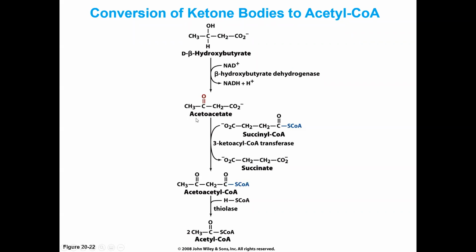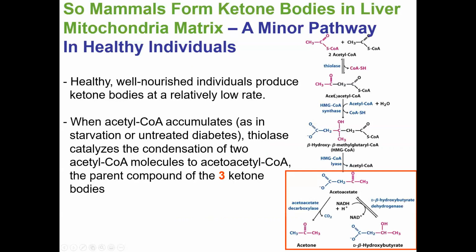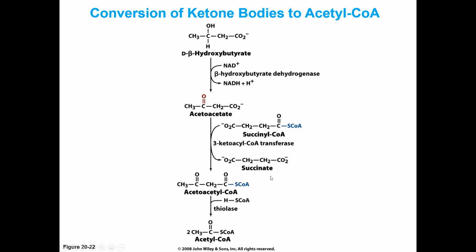You take acetoacetate and succinyl coenzyme A, you make succinate, and you make activated form of acetoacetate, which is acetoacetyl coenzyme A. Once you have acetoacetyl coenzyme A, remember what can happen? Thiolase, which is the enzyme that can catalyze the reverse reaction, will actually utilize coenzyme A and produce 2 molecules of acetyl coenzyme A. And that can enter now citric acid cycle in the brain cells and those cells that are going to utilize ketone bodies for fuel.